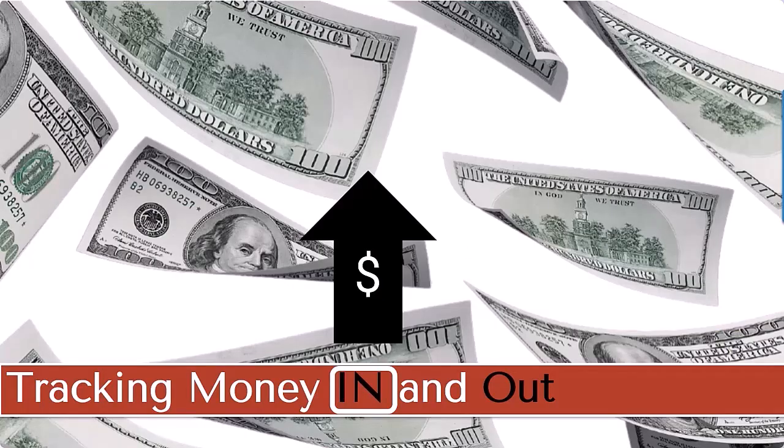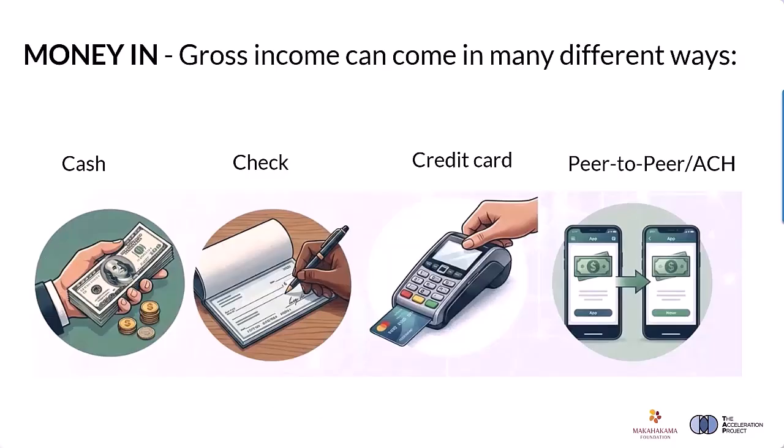So let's review your money in and money out and also apply the money in and money out worksheet methodology to your business. First, money in can be cash, check, credit card transactions, or money in transactions related to peer-to-peer payment providers.